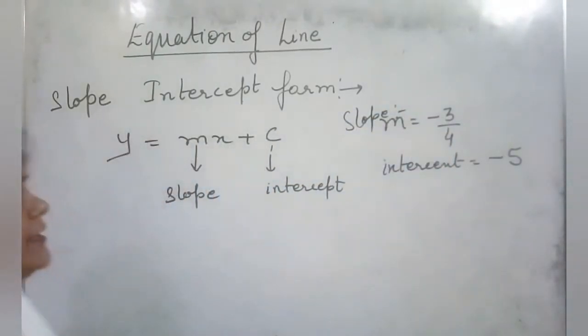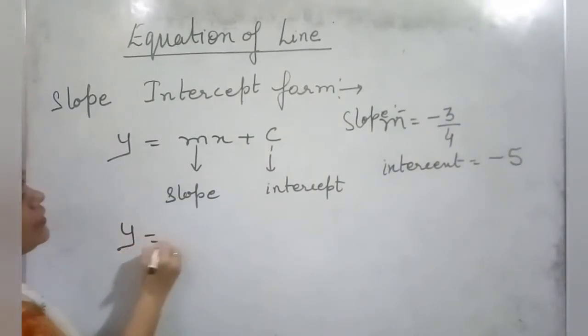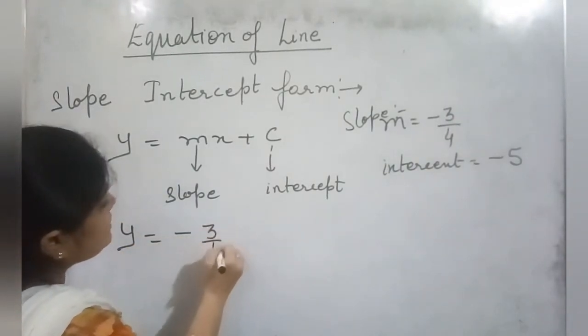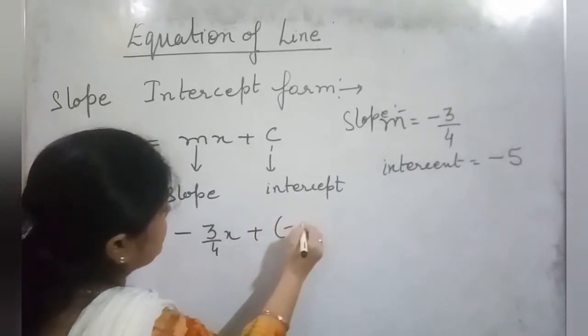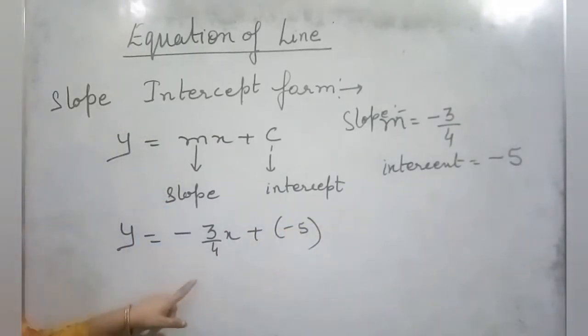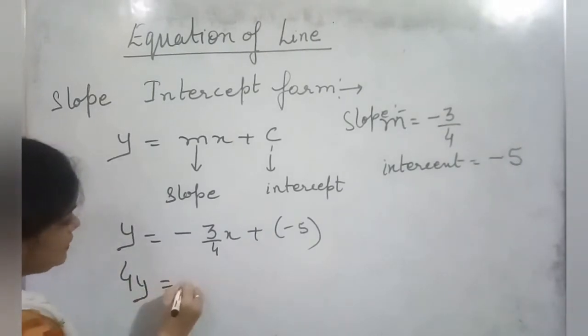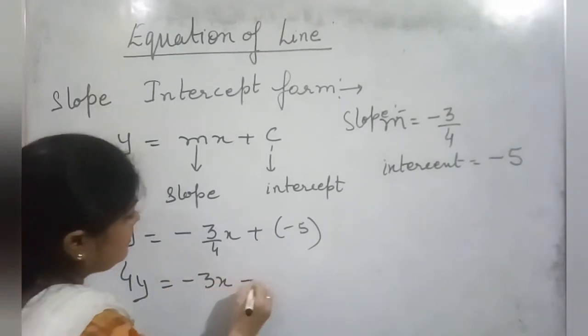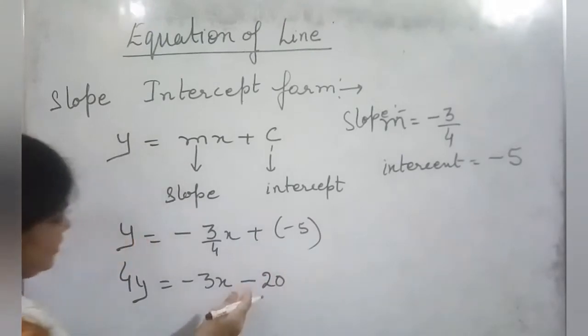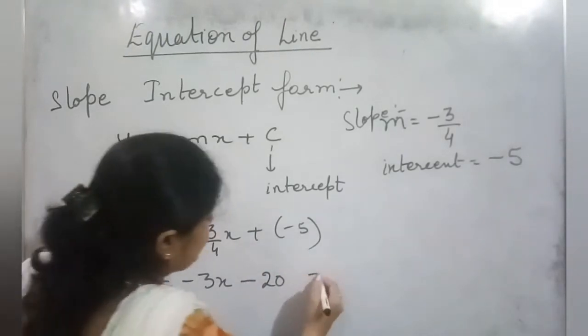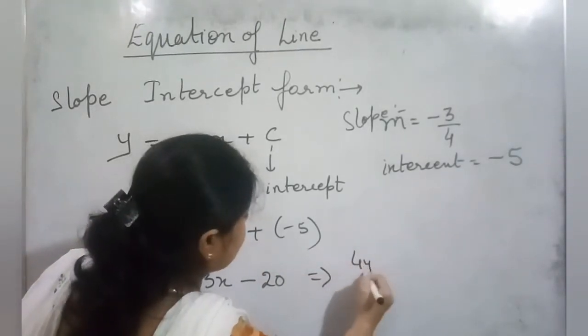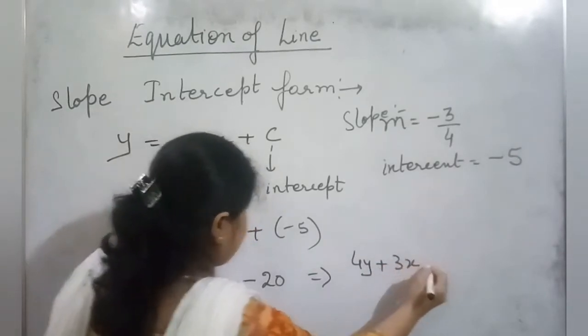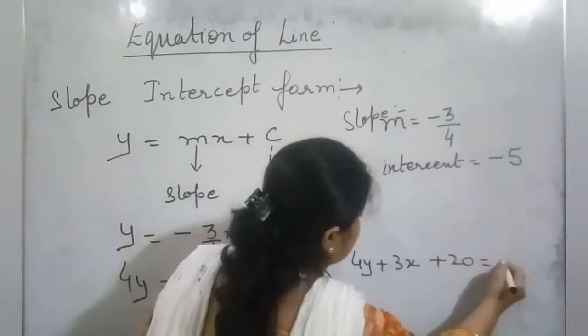Now simply apply this formula and you will get the answer. You have y equals minus 3 by 4 x plus minus 5. Now multiply 4 on both sides, that is, we have 4y is equal to minus 3x minus 20. And ultimately we get the answer 4y plus 3x plus 20 is equal to 0.